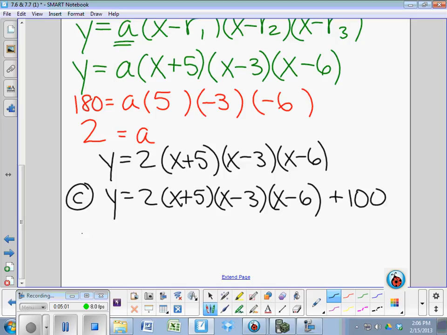For part D, they want to know how you would make it shift left 4. That's a little trickier. See all these x's? Put them in red. You see them? Now, how did we make x squared go left 4?